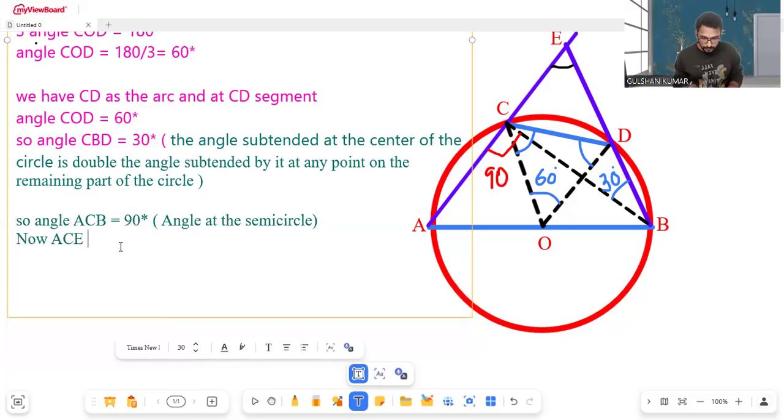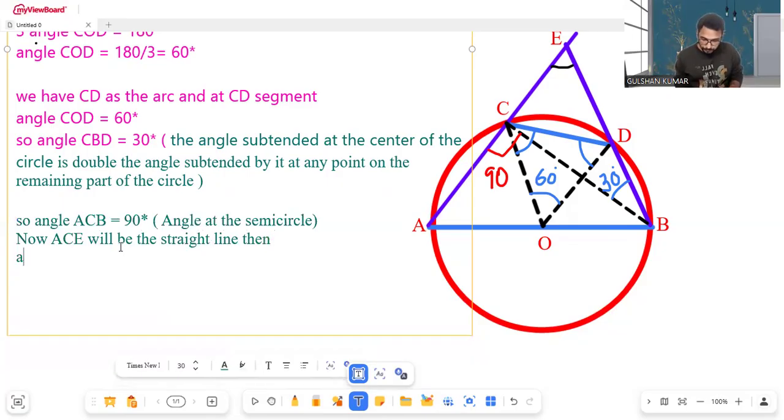Now ACE will be a straight line. Then angle ACB plus angle ECB equals 180 degrees by linear pair.